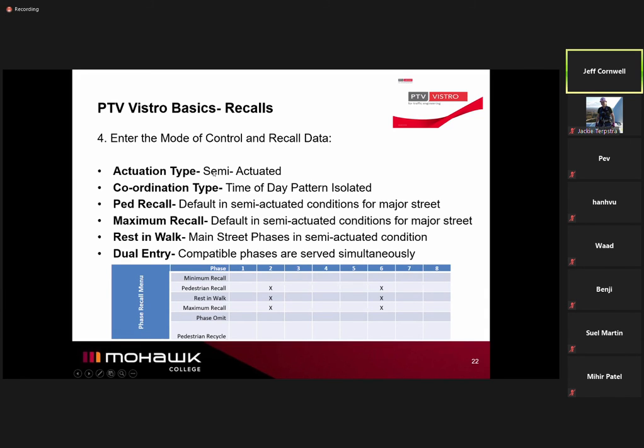The actuation type we determined was semi-actuated. So for the time of day pattern, isolated, PED recall, the default is semi-actuated for the major street, and max recall is the default for the major street as well. Rest and walk would be for the main street as well. So you'll see these options: PED recall, rest and walk, max recall that you filled in on this chart.